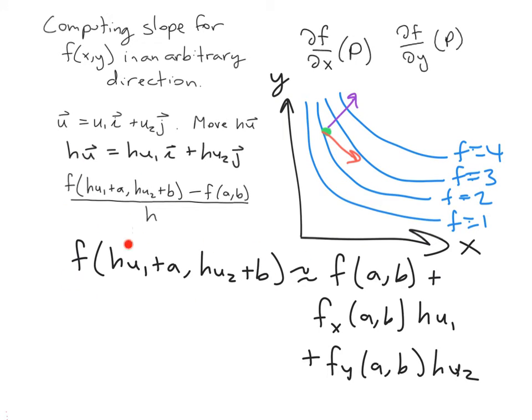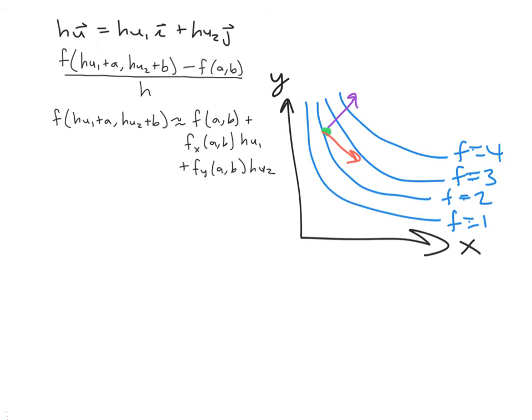The value of the function is approximately equal to the value of the function at the original point plus the slope in the x direction, so the rate that the function changes in the x direction, times the distance we're moving along that i component, plus the rate that the function is changing in the y direction, times the distance that we're moving along that j component, and this gives us an approximate new value for the function when we move over hu1 and up hu2, and this approximation becomes closer and closer to exact the smaller h is.